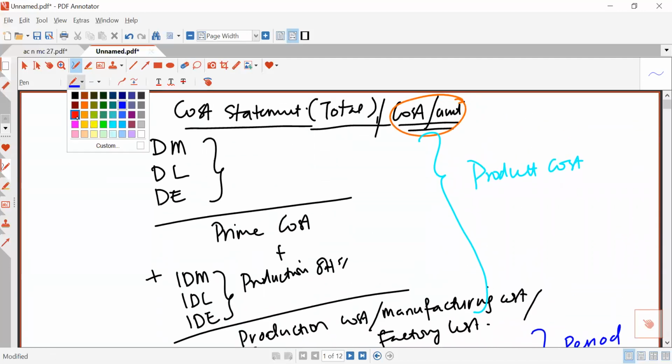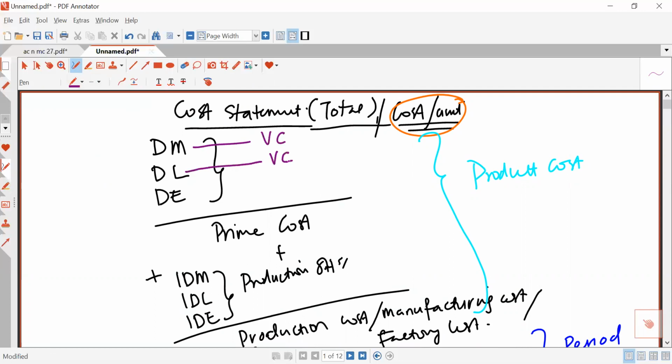We also have learned that direct material is variable cost. Direct labor is variable cost. Direct expenses is also variable cost. For your production overhead, you will have variable cost plus fixed cost.